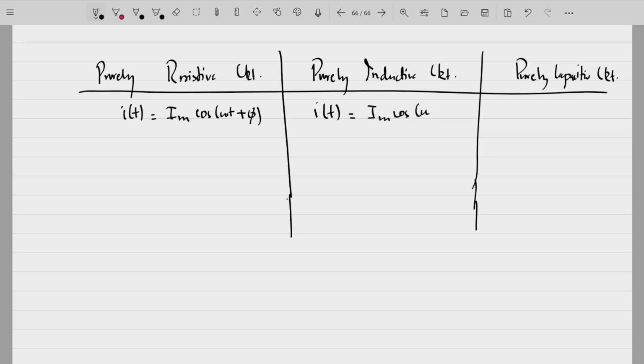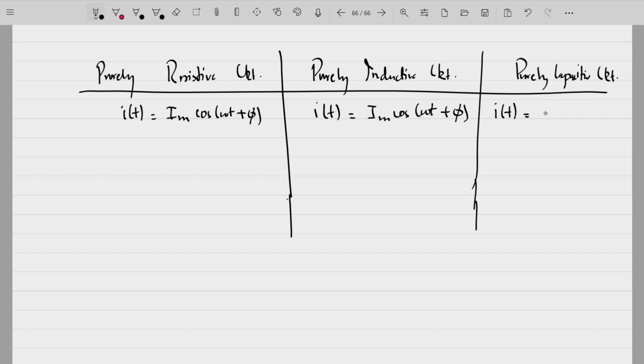We could have even started with the voltage. We could have taken v(t) as the reference there. We could have started with v(t) equal to Vm cos of omega t plus phi, and derived the current, but we took the current and derived the voltage. It's one and the same thing.